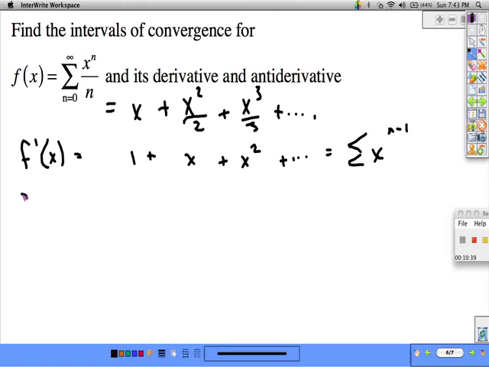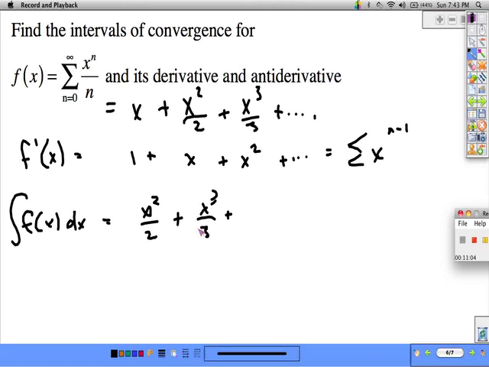The antiderivative of our function with respect to x would be x squared over 2 plus x cubed over 6 plus x to the 4th over 12, and so on.